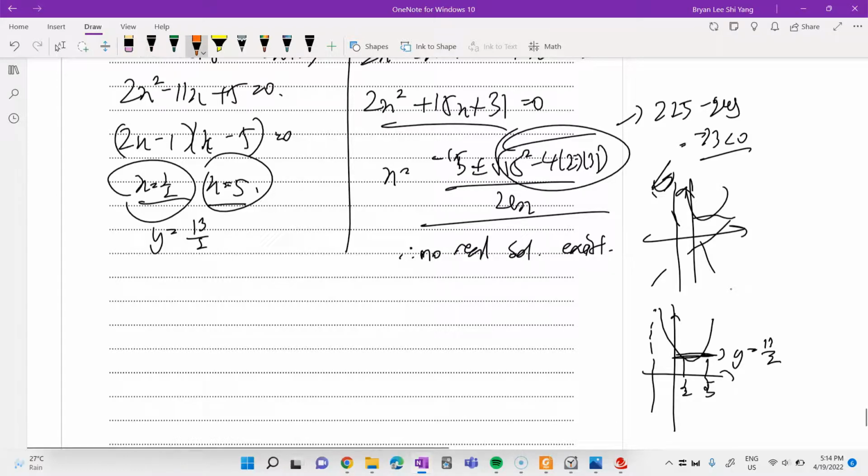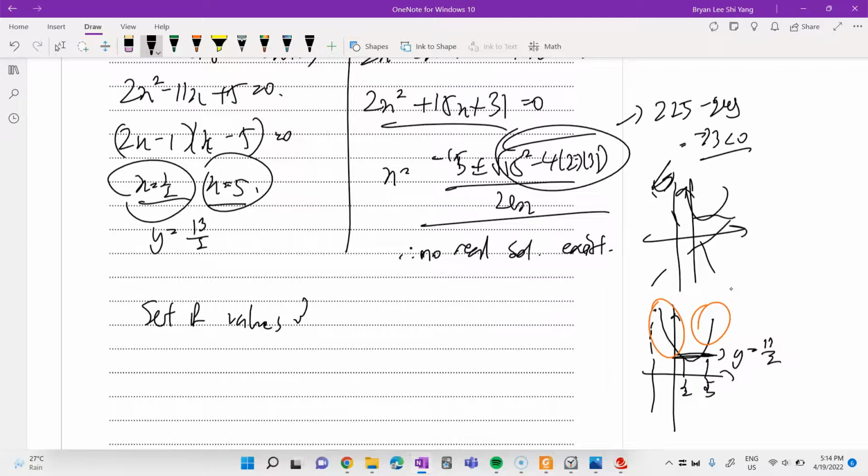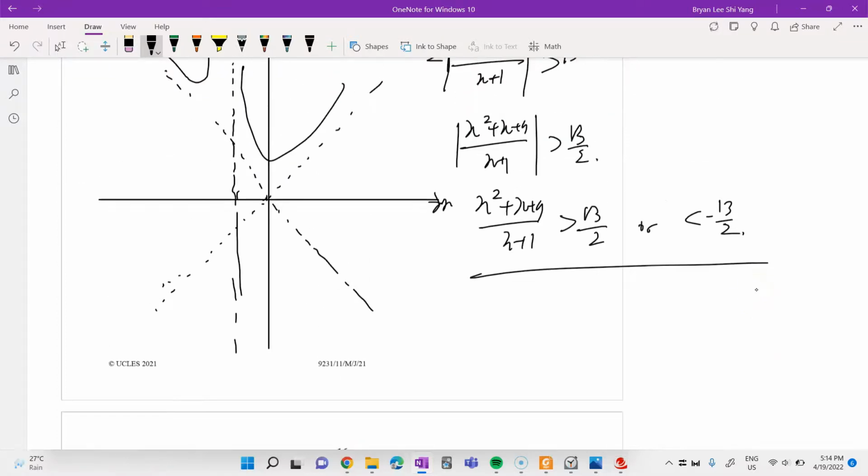So the parts that I want to take are these. So I could just say the set of values of x satisfying the inequality equals, yeah, that whole thing lying fully above 13/2, I think.